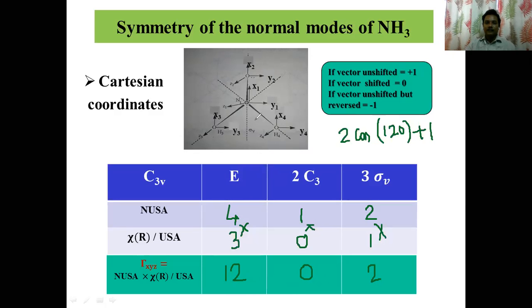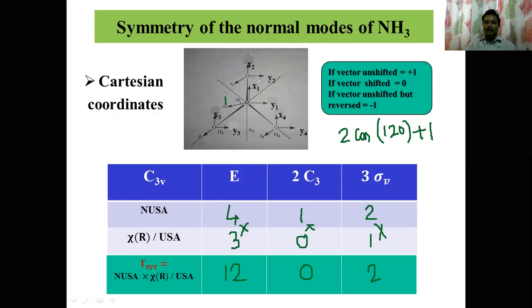Now, if I go for C3 along Z, passing through the nitrogen, then the vectors on all the hydrogen atoms are going to be changing position. So each of them will contribute 0, right? So therefore, for the C3, only the Z1, rather, this Z remains unchanged. So therefore, this is going to contribute 1.